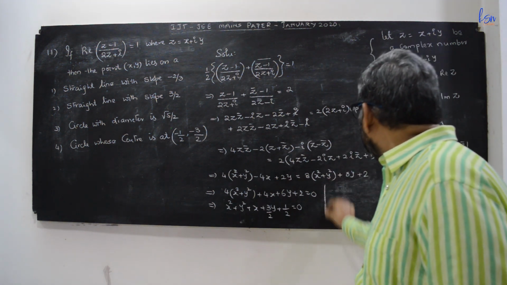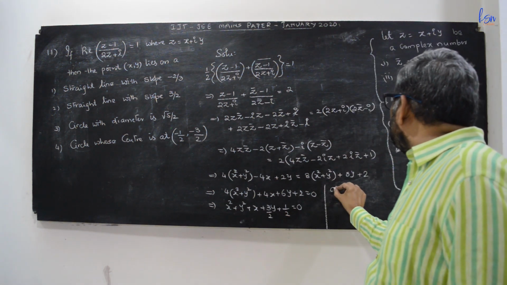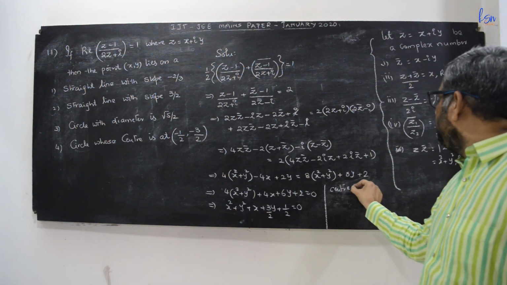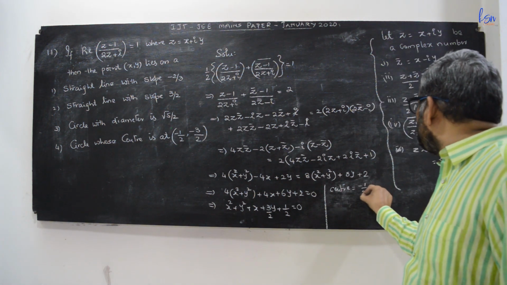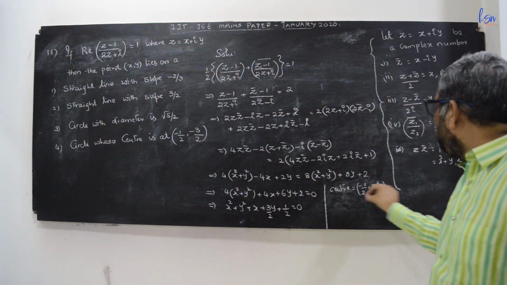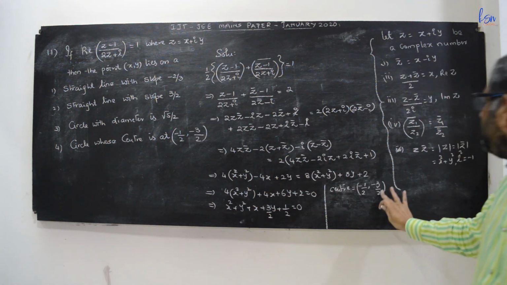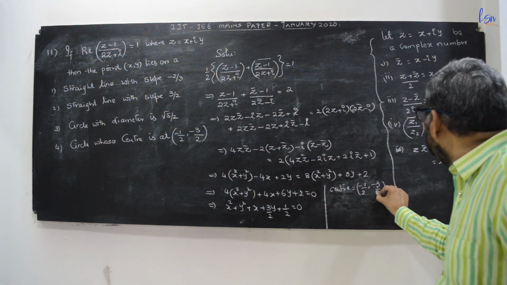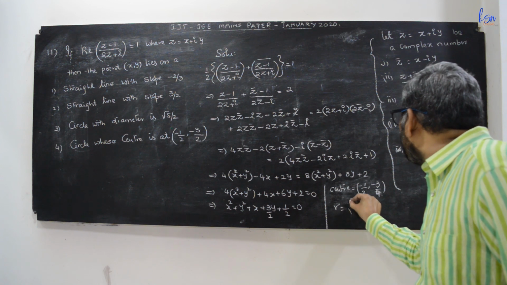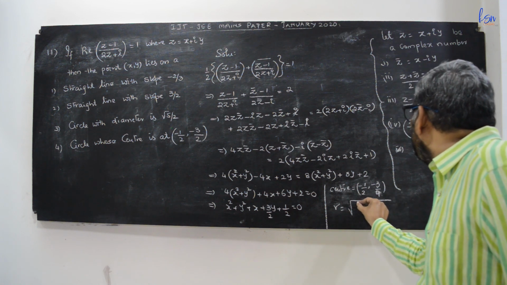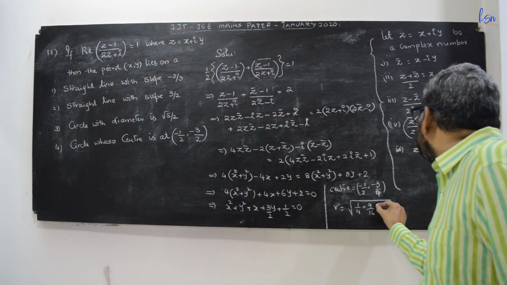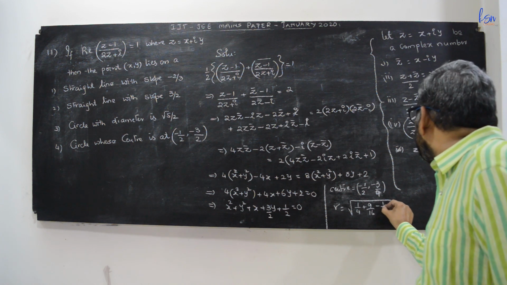Now for this circle, the center is (−1/2, −3/4). The radius r = √(g² + f² − c) = √(1/4 + 9/16 − 1/2).